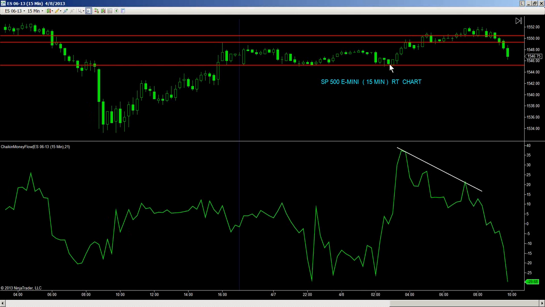Here's price profit target laid out right here by these prices. There's many. Here, here, here, and here. Complete bottoming out here of Chaikin money flow.